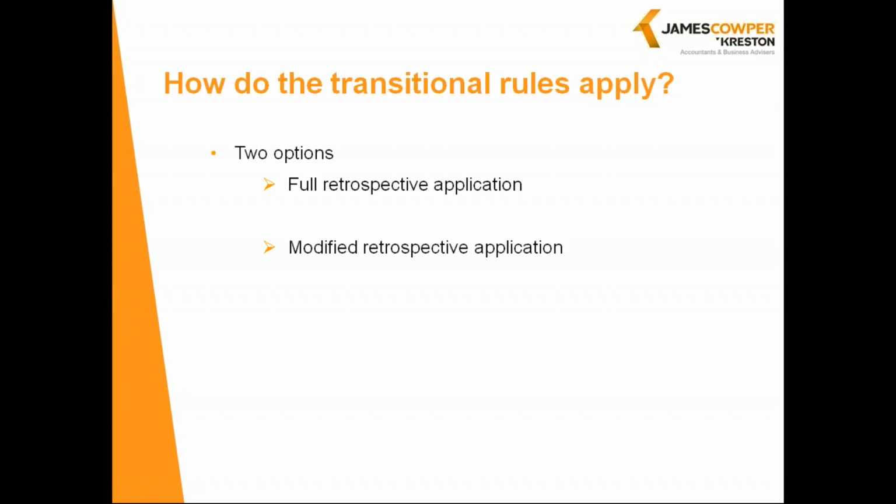These options are the full retrospective application and the modified retrospective application. Once you've chosen which transition option you are going to take, you have to apply it across all leases. So I'm afraid there's no cherry picking on the various leases. Let's dive into the detail of the two options.